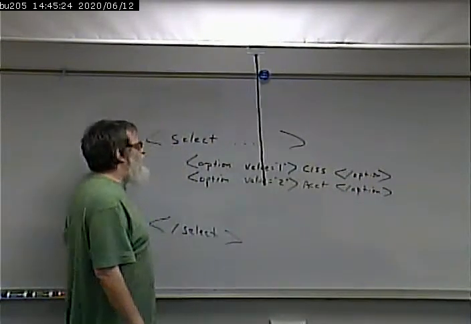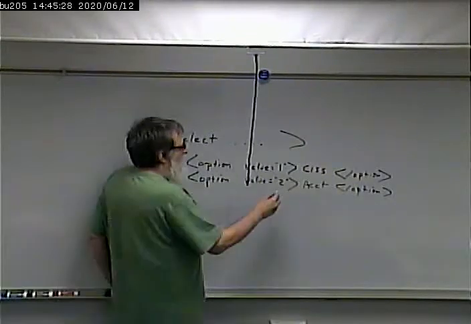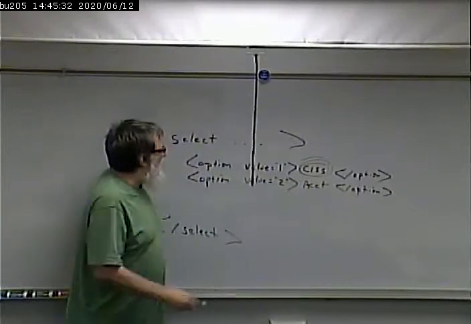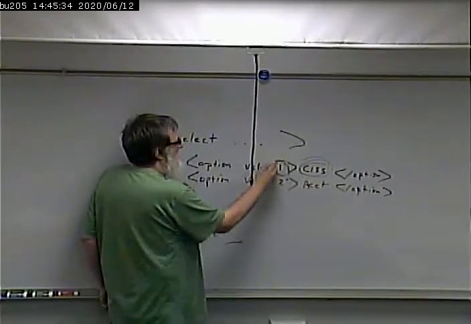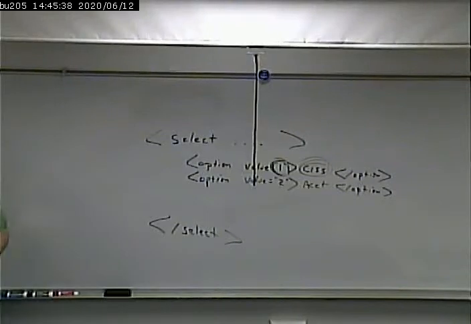Associated with every option in a drop-down are two values. This one, which the user sees, and this one that is going to be used behind the scenes.